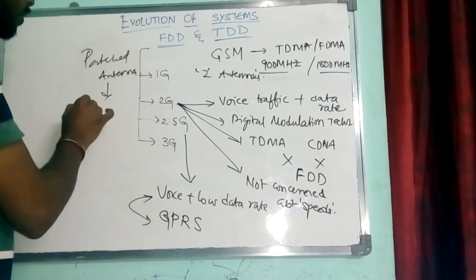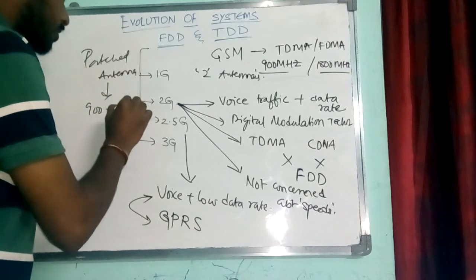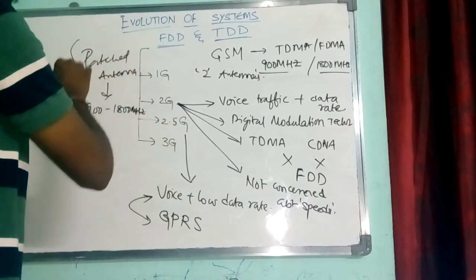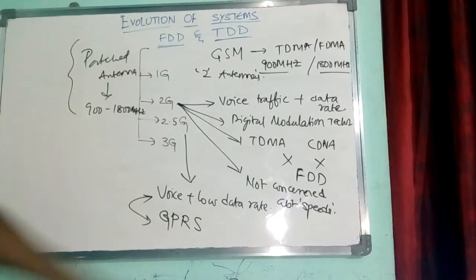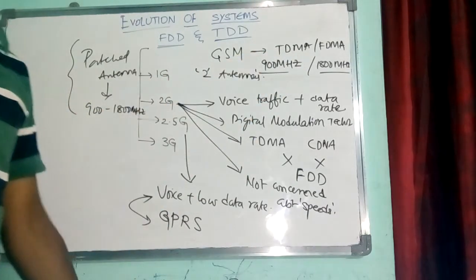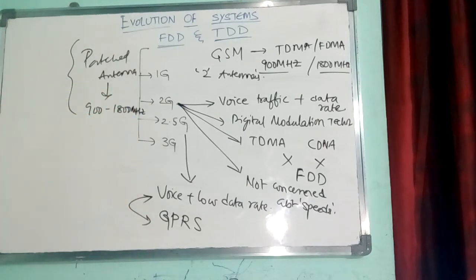This is designed for 900 to 1800 megahertz. If the frequency we are using is more than 900, then this antenna will be activated. If it is 900 megahertz, the antenna designed for 900 megahertz will be working. So these are the systems.